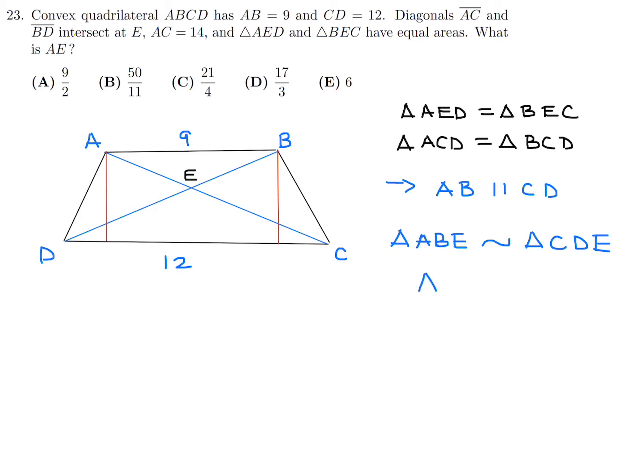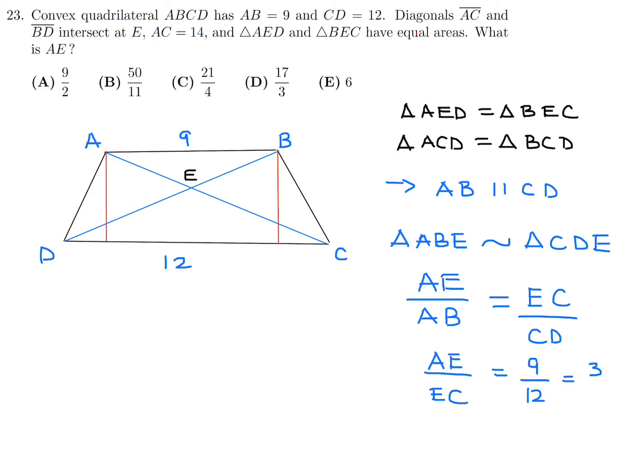So AE over AB, and this triangle ABE, is equal to EC over CD, and this triangle. So rearranging a little bit, we get AE over EC is equal to AB over CD, but we can just put in the numbers 9 and 12. And in lowest terms, that's 3 over 4. So that means that AE, which is right here, over EC is 3 over 4.